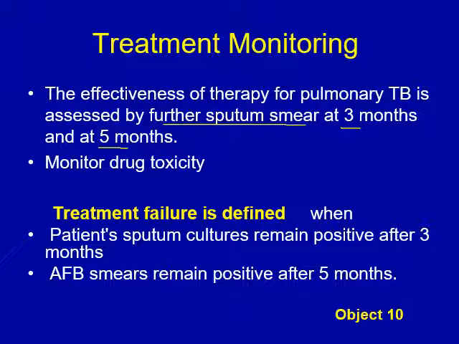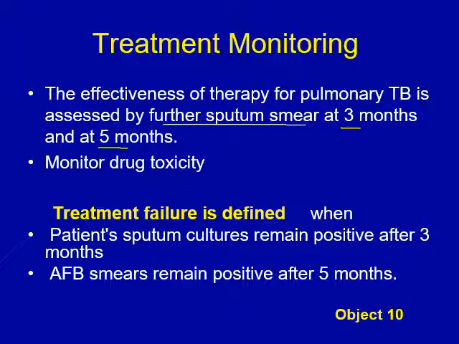The patient may develop resistance, or treatment failure. So it is assessed by further sputum smear, either by culture or by AFB stain, after 3 months and 5 months. Culture is usually better. If the culture becomes negative after 3 months and 5 months, it means the patient has been cured, or responded to the treatment.